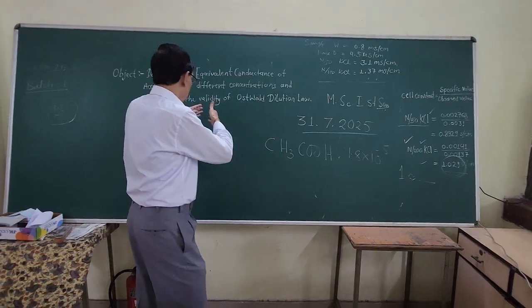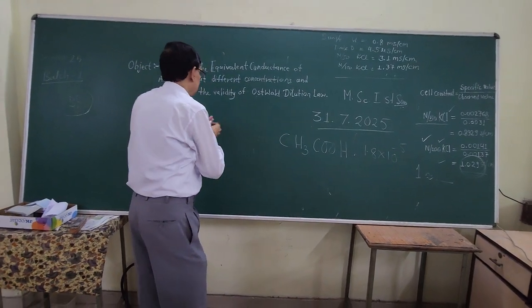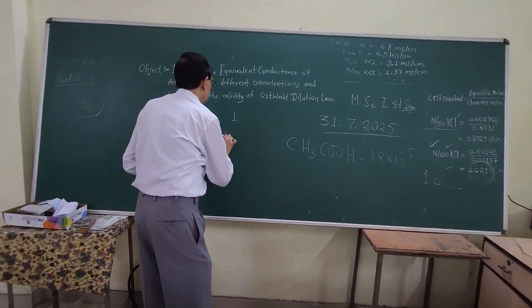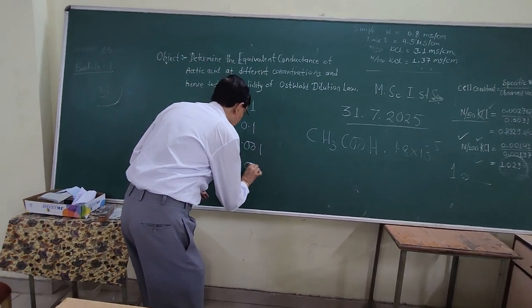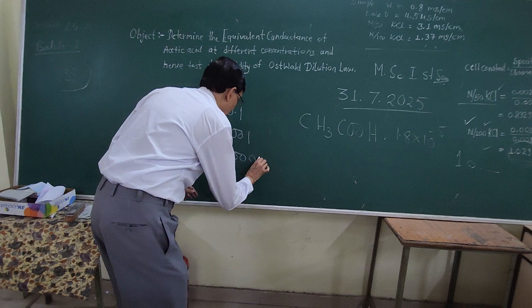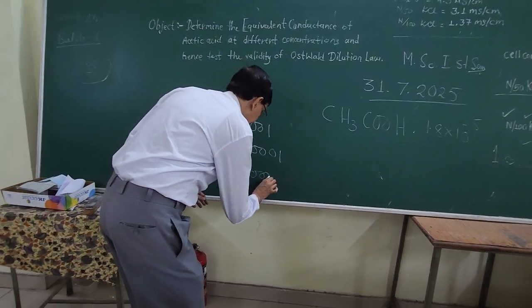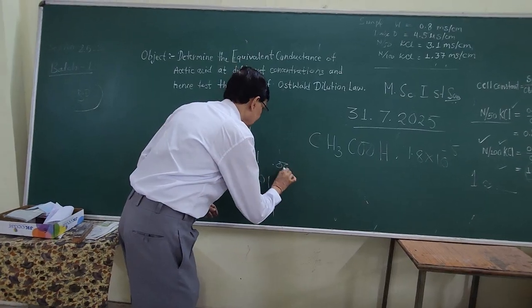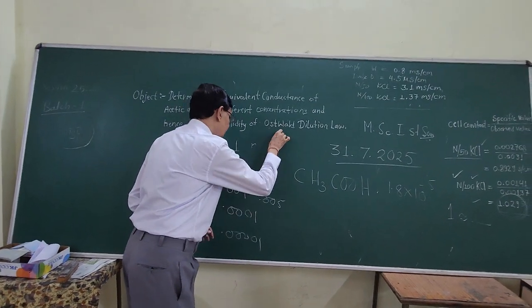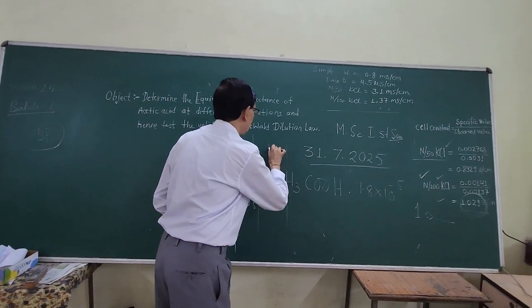First is 0.1, 0.01, like that. Suppose you have prepared like that, 0.001, 0.01 maybe, or 0.005, any type of solution, and measure their observed conductance.